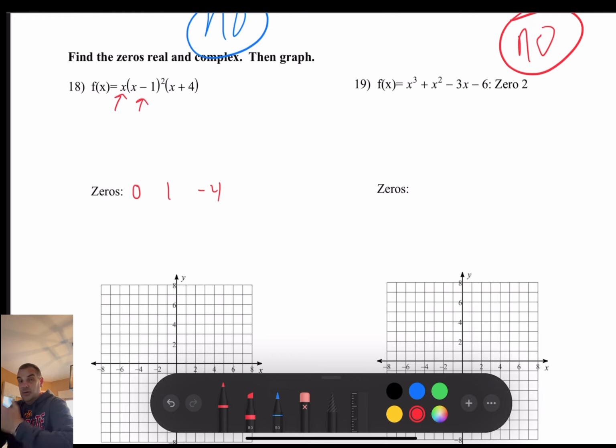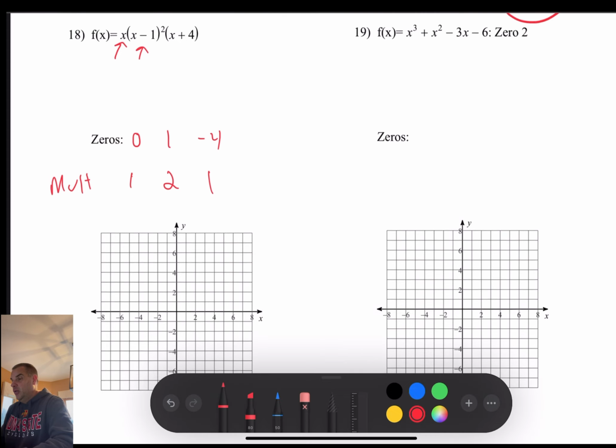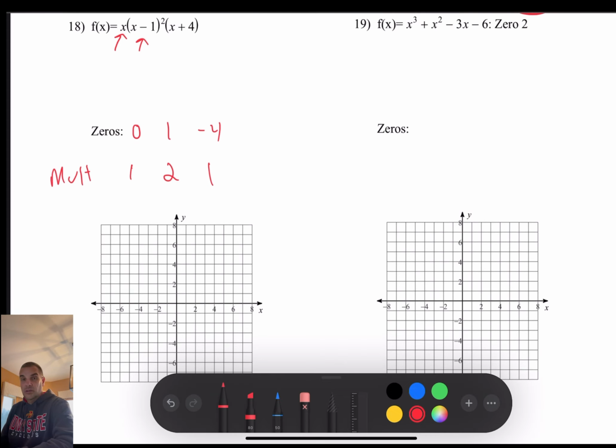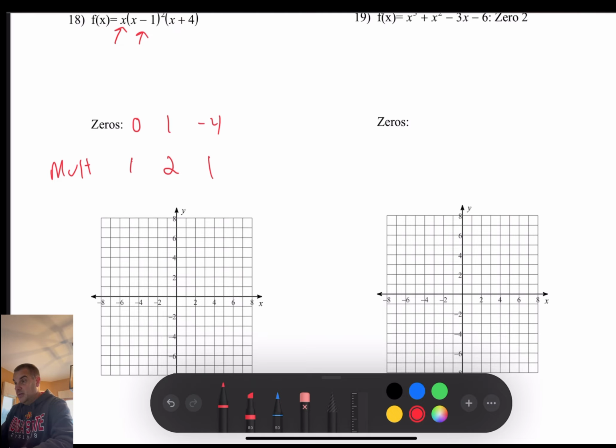But the key to this one, remember we talked about when we graph it, especially, I'm not asking for the multiplicity on the test, but remember that multiplicity has an effect on what happens to it. 0 has a multiplicity of 1, 1 has a multiplicity of 2, and negative 4 has a multiplicity of 1. So not only does that tell you the terms, but it also tells you the degree. Remember, you add up the multiplicities and you have the degree. So now we know that this is a 4th degree polynomial with a leading coefficient that's positive.